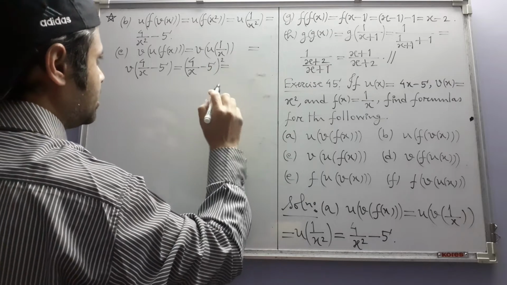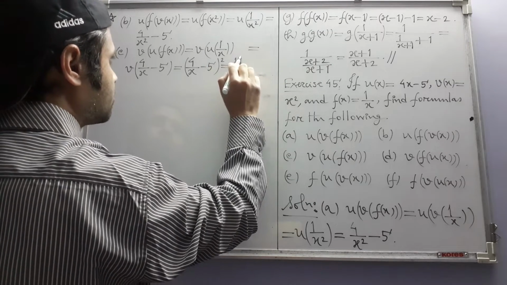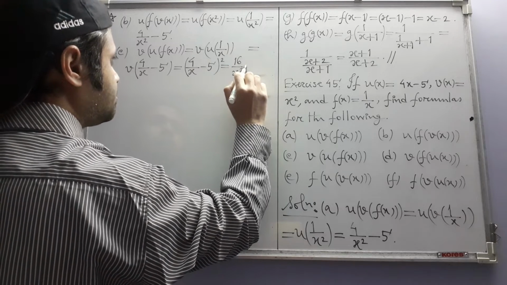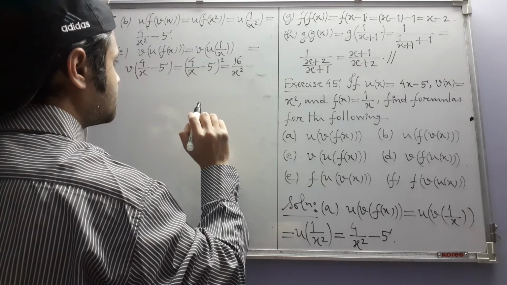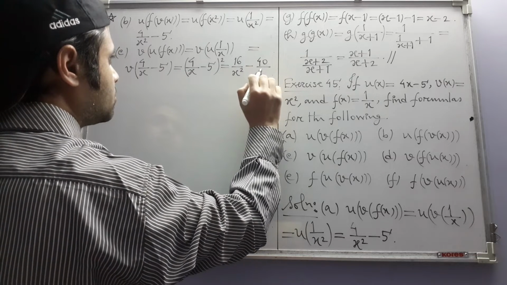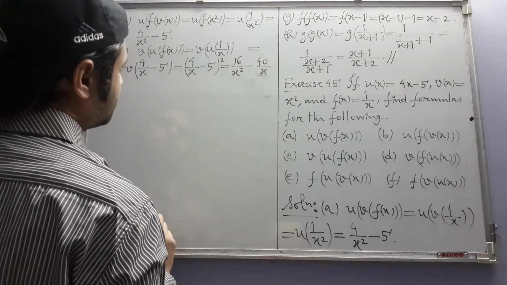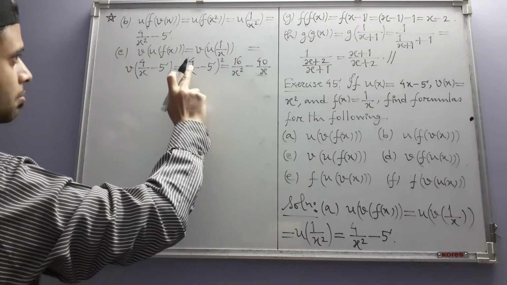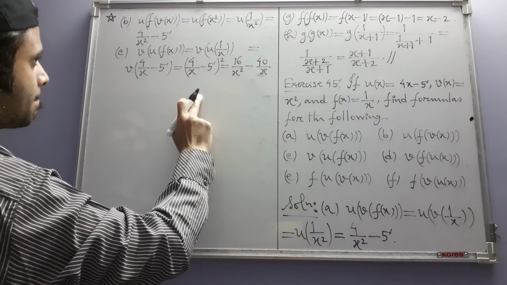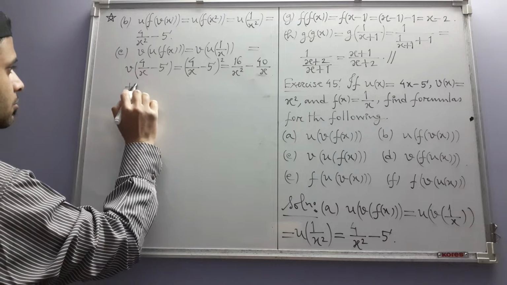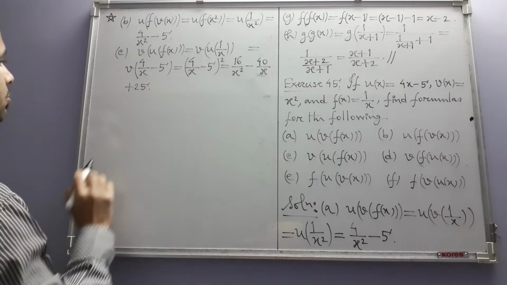If we want, we can expand. 16 divided by x square minus 40 divided by x, will it be 40? Yes. Plus 25.